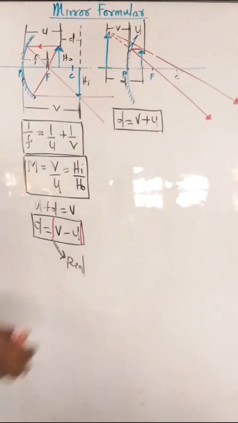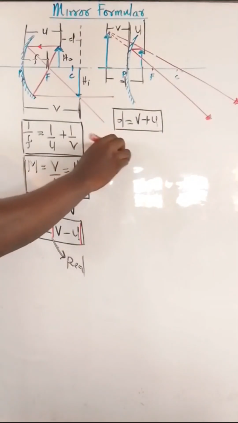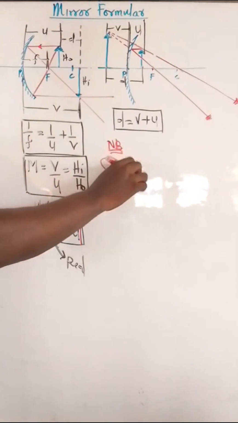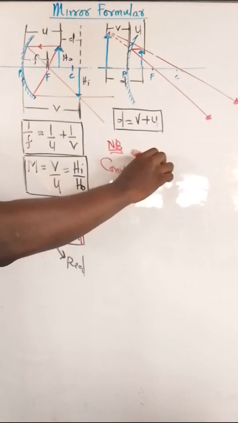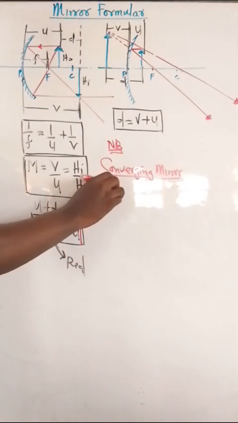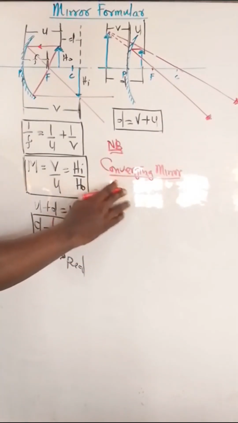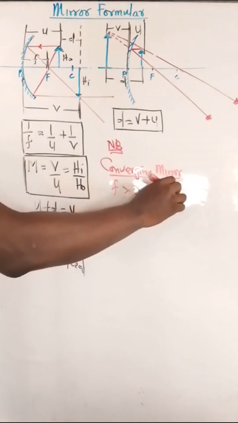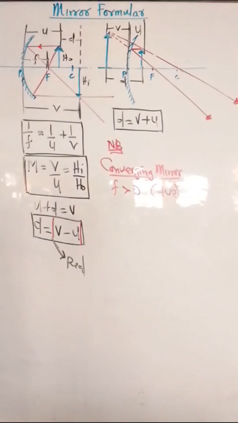Then note this extra point. For a converging mirror, the focal length is always positive. That's the first point.